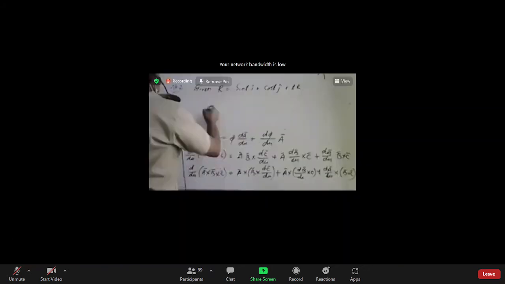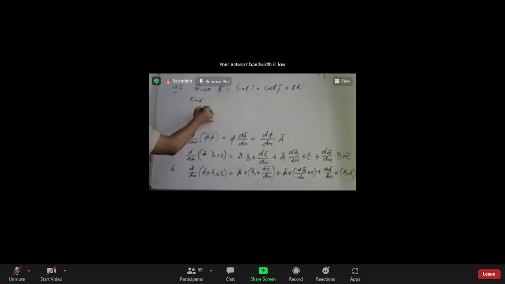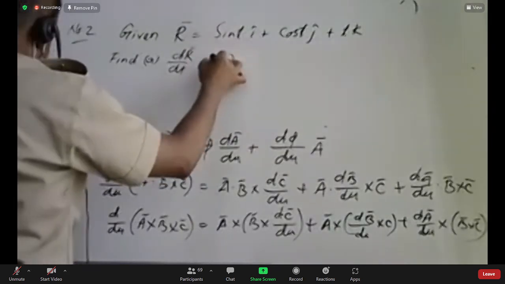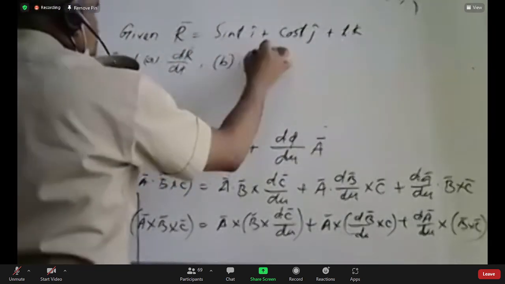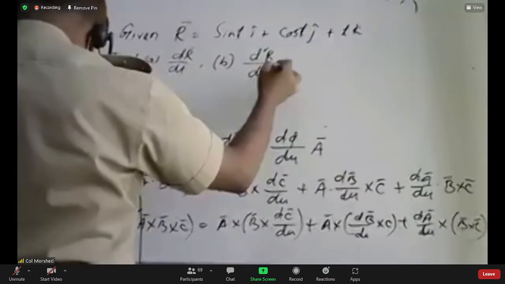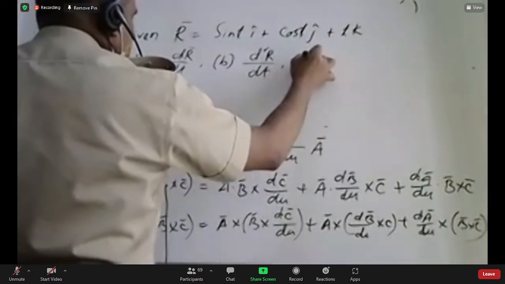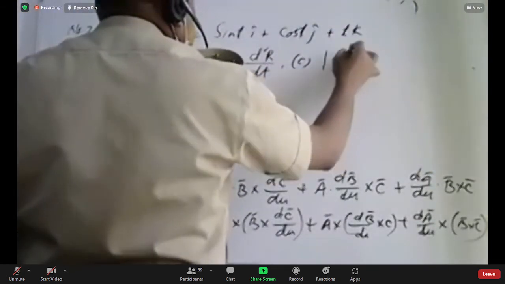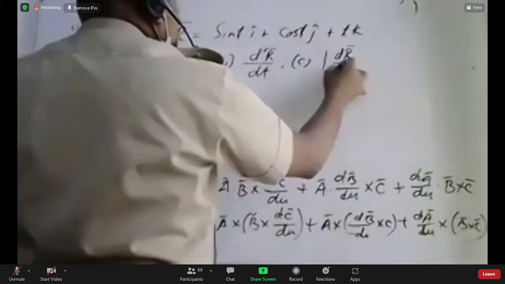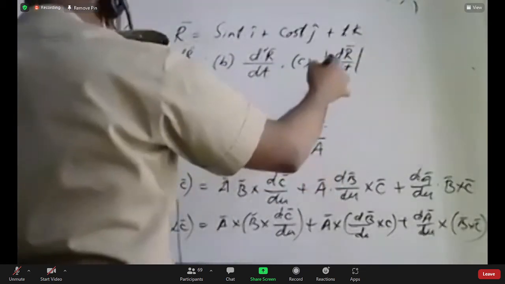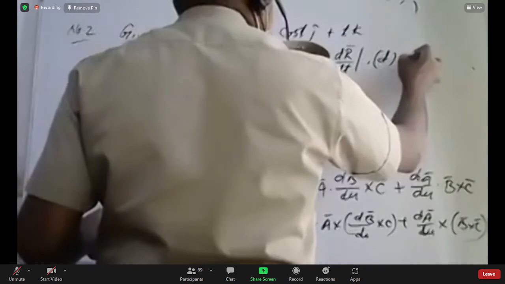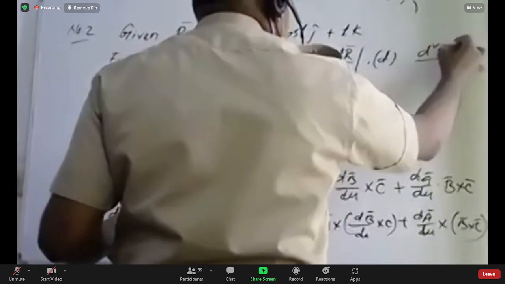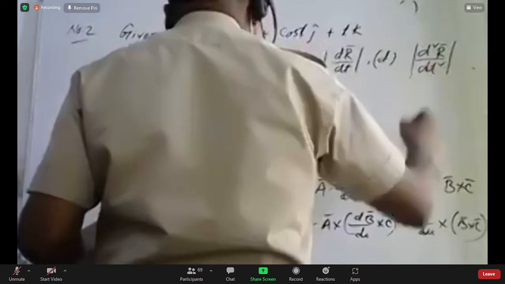So find A, dr/dt, B, d squared r/dt squared, then the magnitude of dr/dt and the magnitude of d squared r/dt squared.